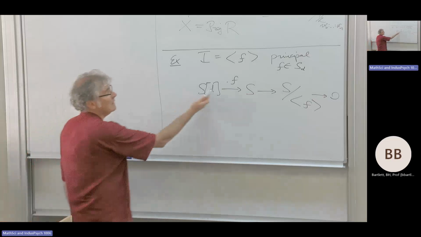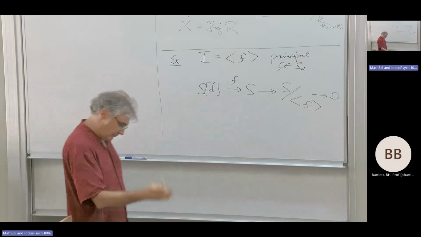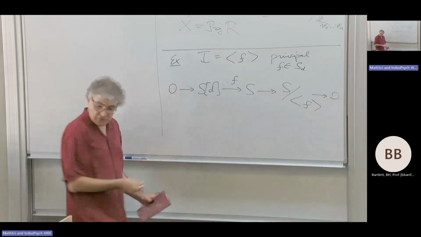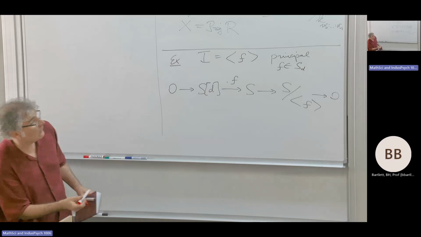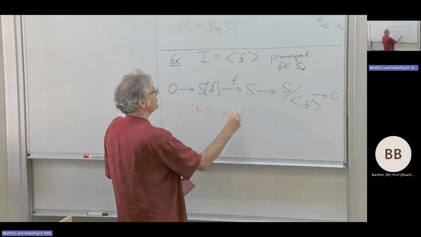Now we have a free algebra, so there is no kernel here. Multiplication by F has no kernel whatsoever. So actually, this is an exact sequence. This is a short exact sequence of S modules.